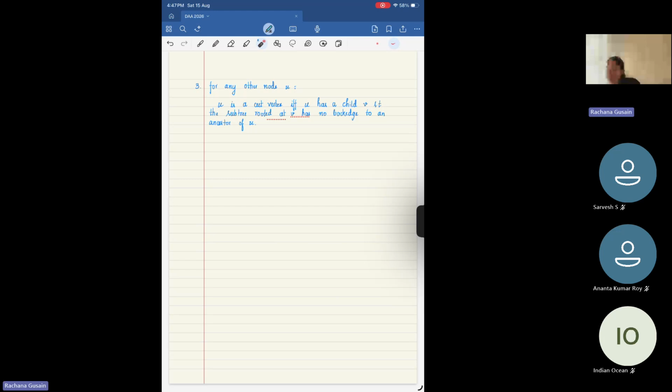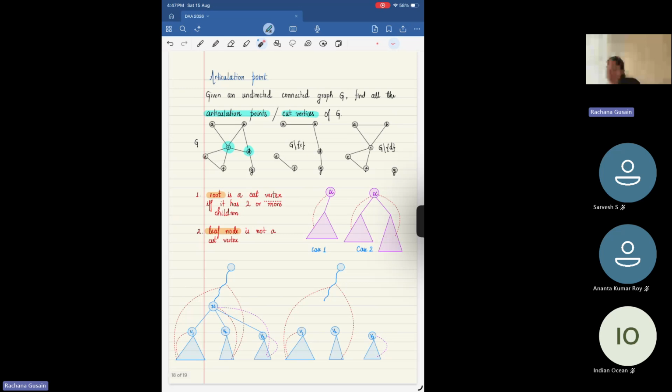So now, theoretically, if I am given a graph and I want to identify the articulation points, the way is to do a DFS on that graph, which gives a single DFS tree. Look at the root and you can say whether it is a cut vertex or not. Look at all the leaf nodes, and they are not cut vertices.